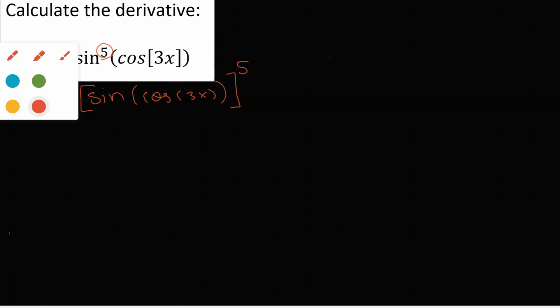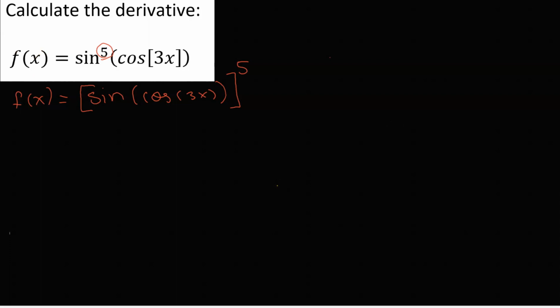So when looking at this, we would say the outermost function is u to the fifth power. So then the derivative of u to the fifth power with respect to u is 5u to the fourth, right? Where u is a function in terms of some variable w or whatever here.